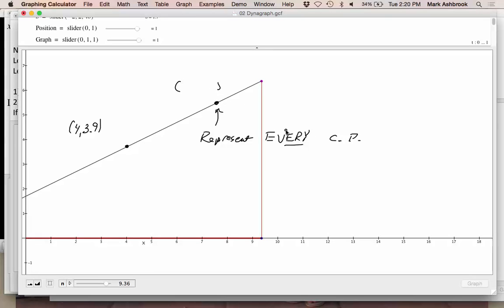It's an amount that I've painted and an amount your friend has painted. X and Y. So by making the final point not a particular one but X, Y, now it represents every correspondence point on that line.